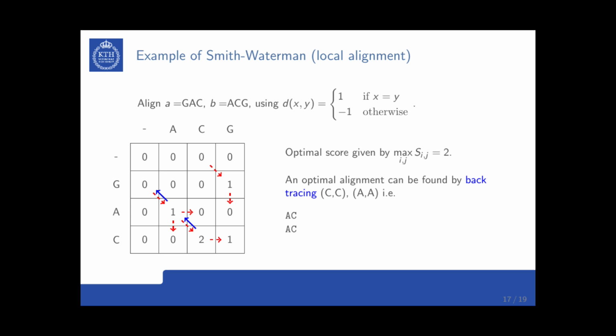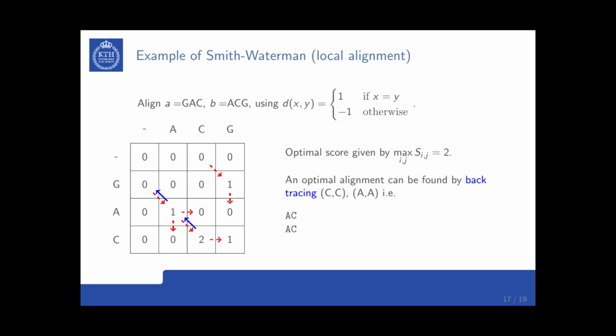And then we backtrace that to the first point where we don't have any arrow pointing out from, and that's S10. And the backtracing from this gives us now AC with AC. So the final alignment here is just the 2 positions AC for both sequences, and we are cutting away the termini.